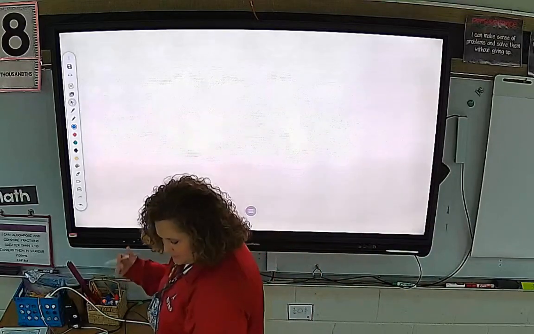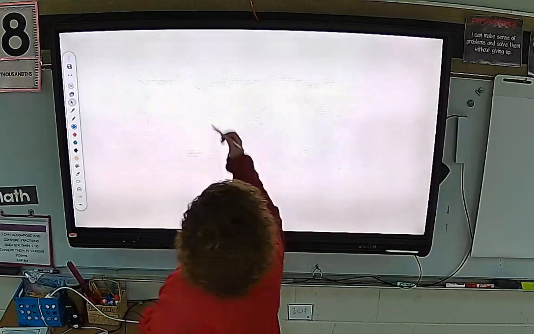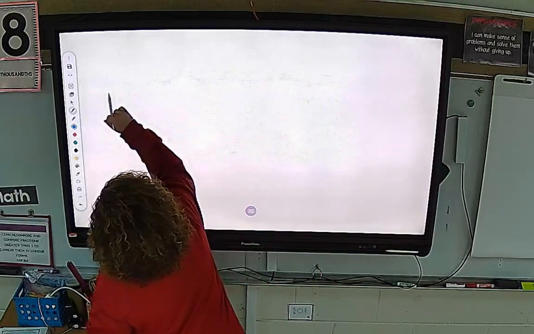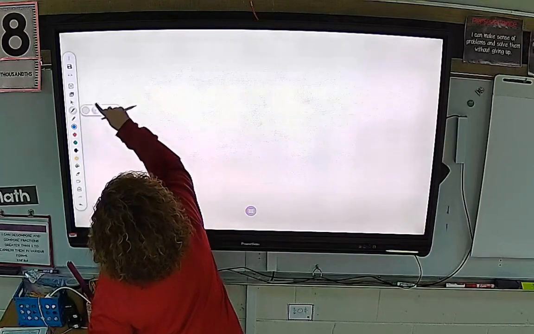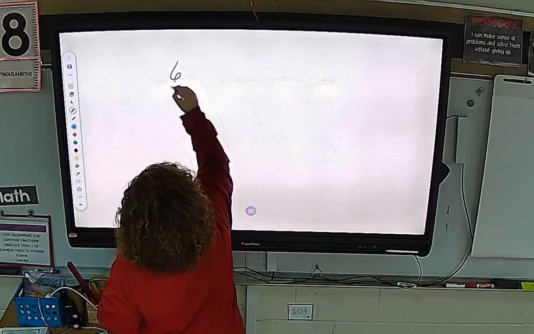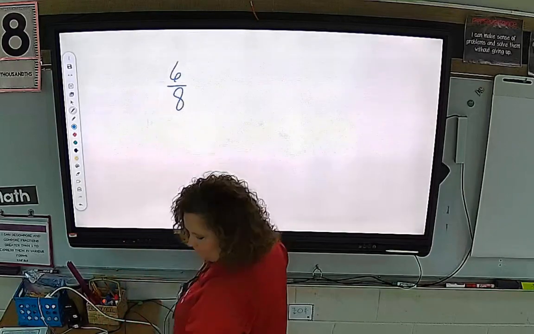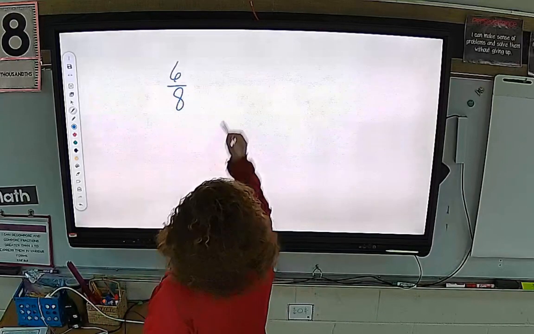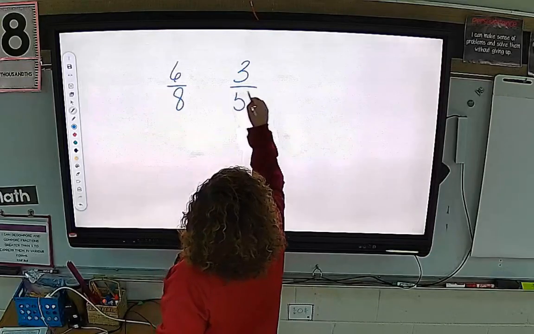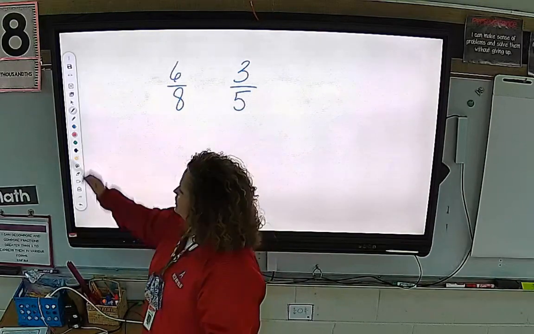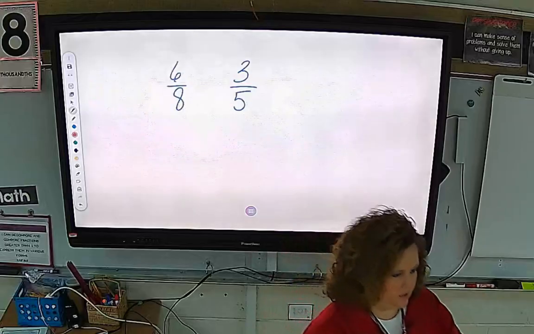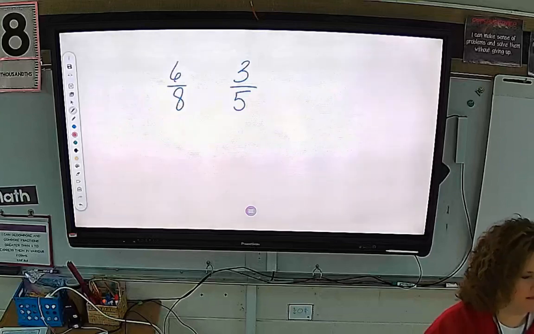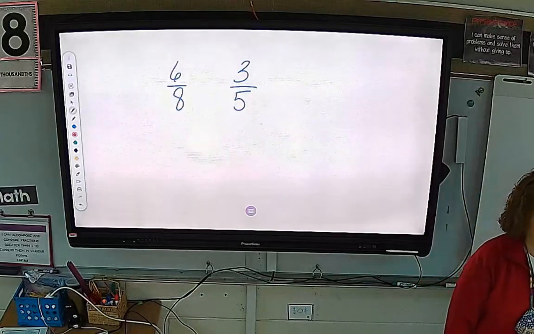So if we had these two fractions, 6/8 and 3/5. And if I asked you to use the Steal It and Hide It method, because I want you to practice it, jump in there and try to do that.